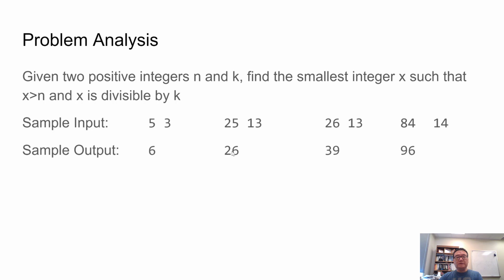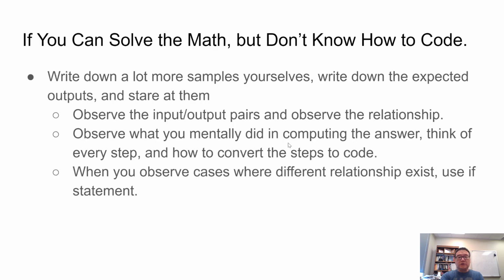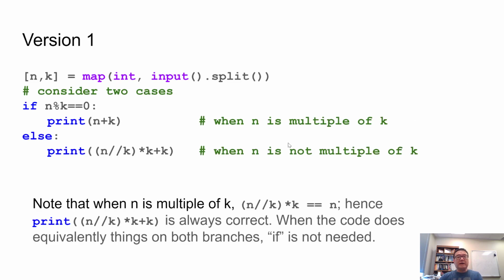Then the other case is n is not a multiple of k. Then the output needs to be some number multiple of k, and that number actually will be around n divided by k. So hopefully with that, one way to write the code is we write down these two cases. When n is a multiple of k, it's just n plus k.